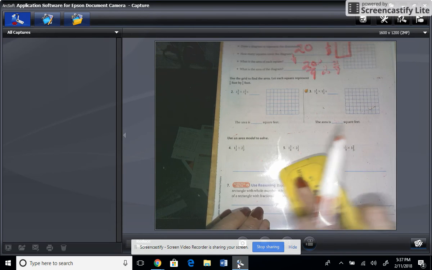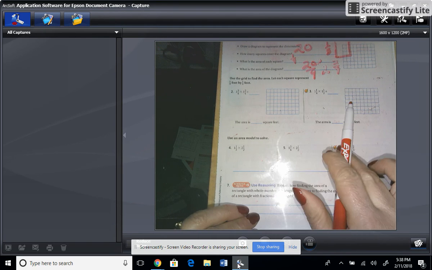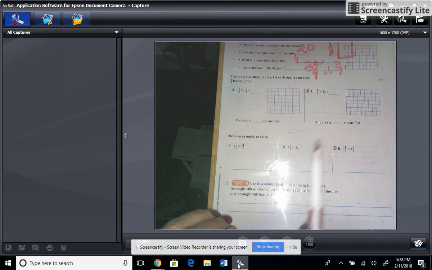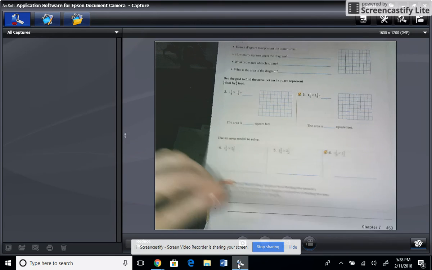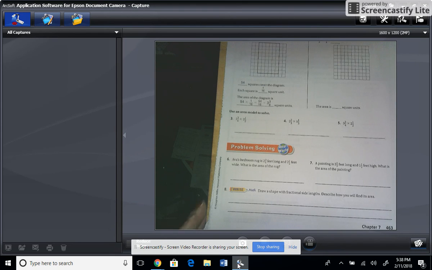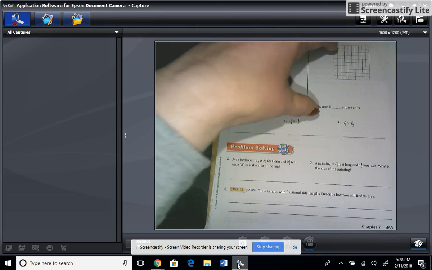Let's do this whole page, please, just to get area and mixed numbers put together. If you have any questions, come ask me what we just talked about and how to change them back and forth and which is easier for you. I'd love to hear your method.